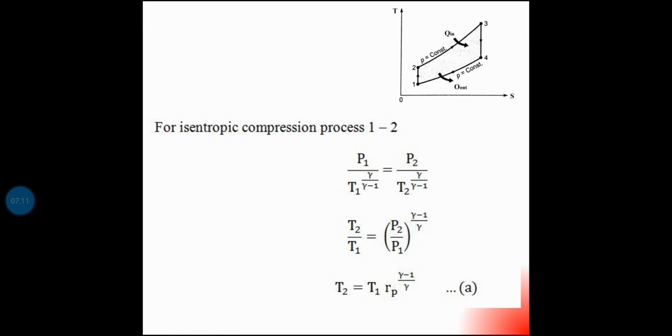Now consider the isentropic compression process 1-2. Applying adiabatic relation to process 1-2, we will get P1 by T1 raised to gamma by gamma minus 1 is equal to P2 by T2 raised to gamma by gamma minus 1.